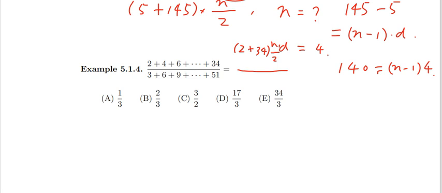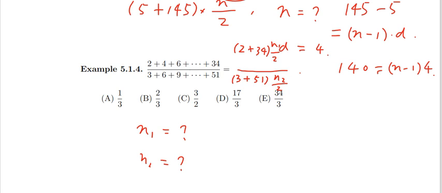And this one, 3 plus 51, so n2 over 2, right? So here we just need to find what n1 is and what n2 is.